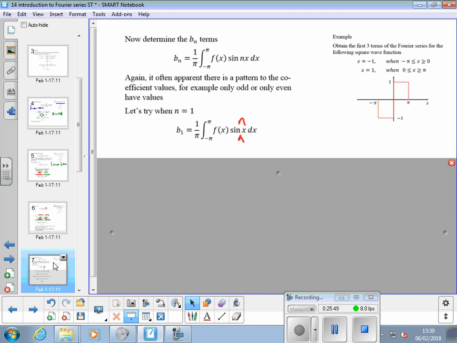Alright, so the integral we're looking to use this time is that the integral of sine ax is equal to minus 1 over a cosine ax.